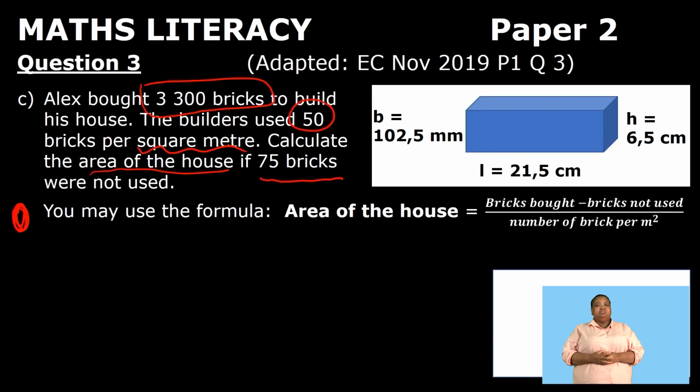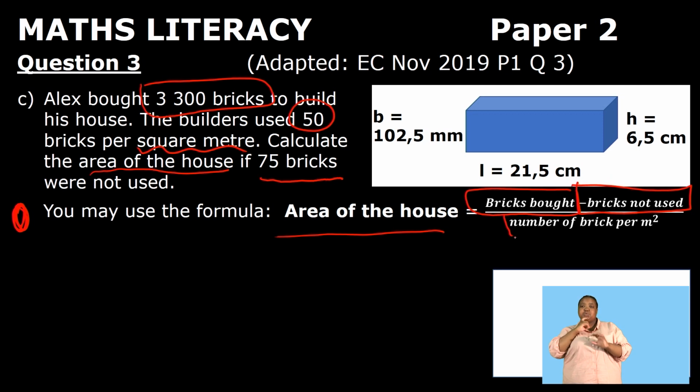So they say the area of the house will be the bricks bought minus the bricks not used divided by the number of bricks per square meter.